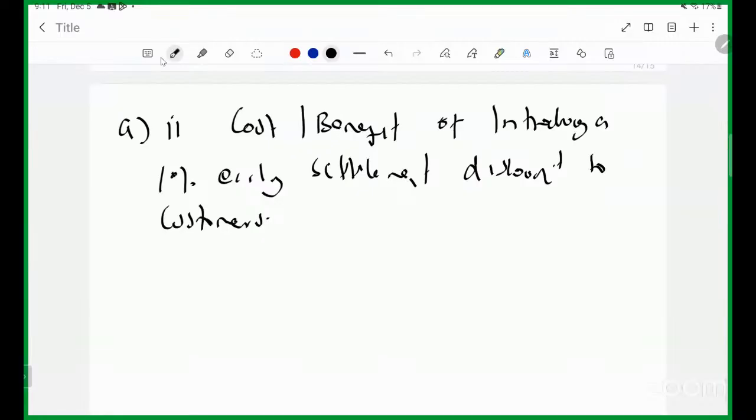So you say the objective is to incentivize fast payment, reduce receivables outstanding, and lower working capital. That's the objective of you doing that.